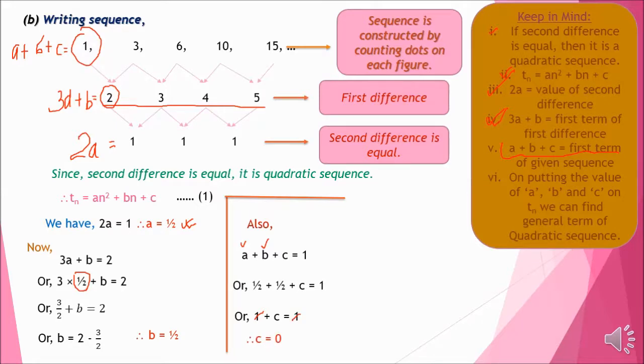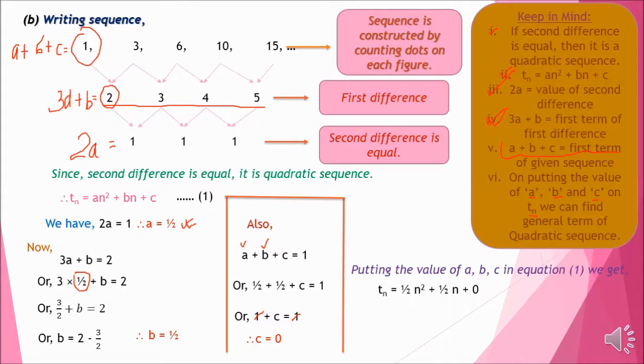Now we found the value of a, b and c. Finally, on putting the value of a, b and c in Tn, our Tn is right here in equation 1, then we find the general term of the quadratic sequence. Putting the value of a, b, c in equation 1, we get Tn is equal to n square by 2, plus n by 2.